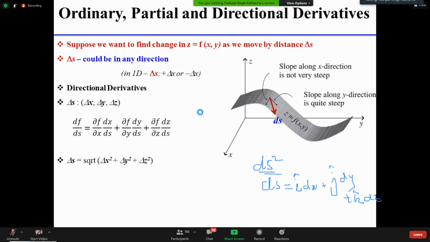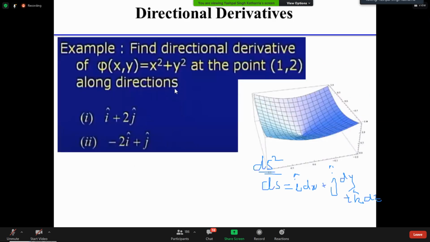Okay, so at this point I can take an example. We need to find the directional derivative of phi, which is a function of x and y given by x square plus y square, at the point (1, 2). You will have this function plotted, and I have already done that.